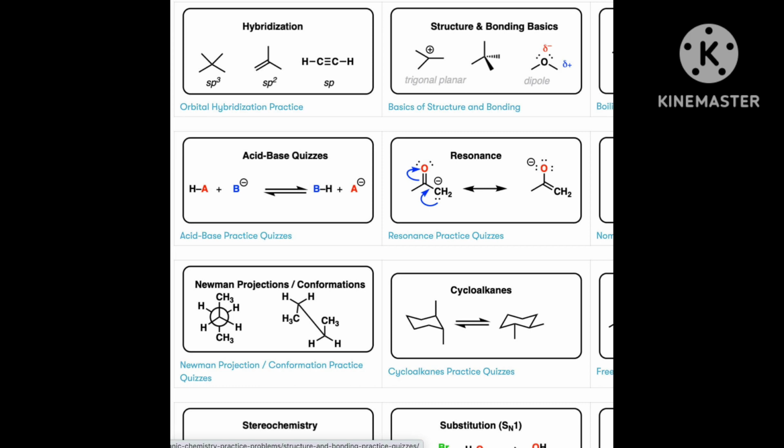Rotation of one CH2 fragment with respect to the other interferes with maximum overlap of p orbitals, and therefore such rotation about the carbon-carbon double bond is restricted.